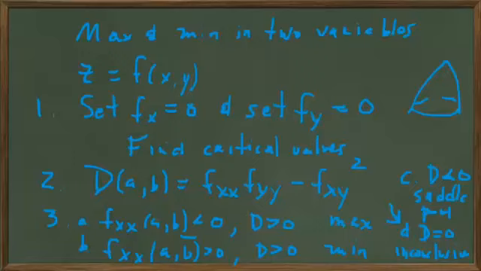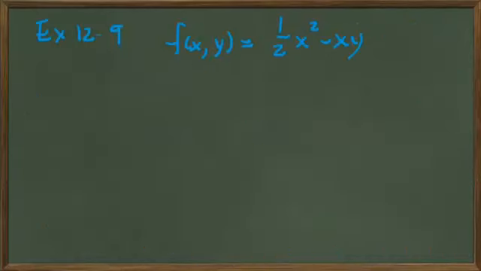So let's look at a couple of examples of how we find max and min for functions of two variables on the next blackboard. The function we're working with, f of x, y, is 1/2 x squared minus xy. We're going to find f sub x, partial with respect to x, and that's going to be x minus y, and we are setting this equal to 0, so that implies that x equals y.